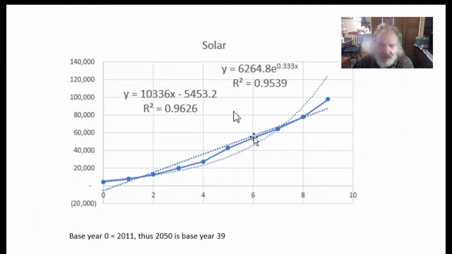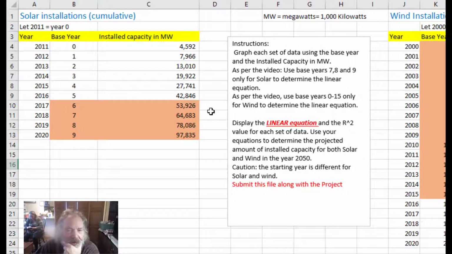So what you're going to do is use these 4 years, and I'll show you at least how to do that. So here is a copy of the Excel file that you have available and will be working with on these last 2 questions.